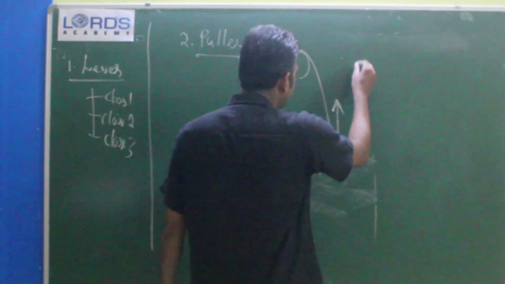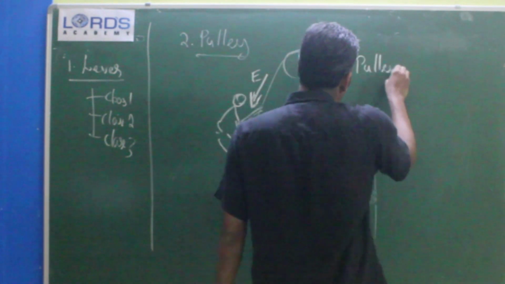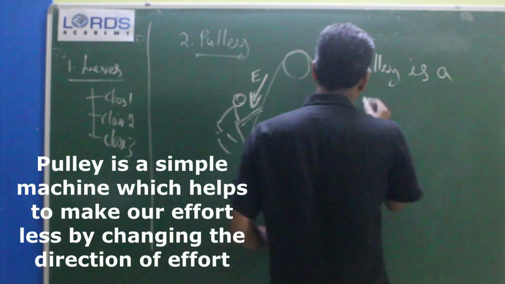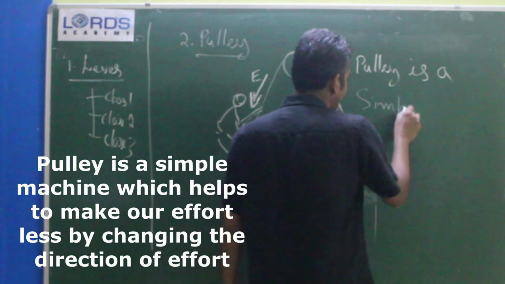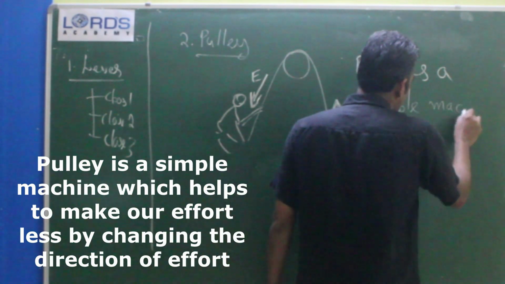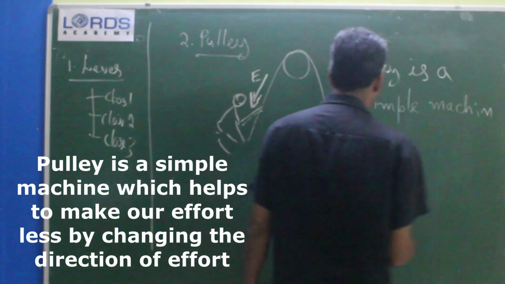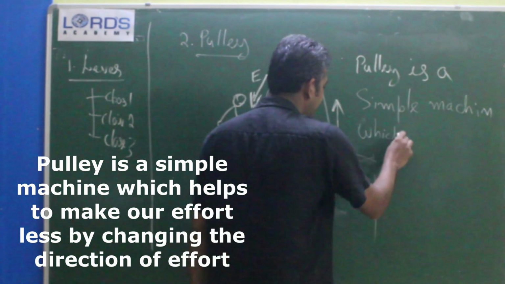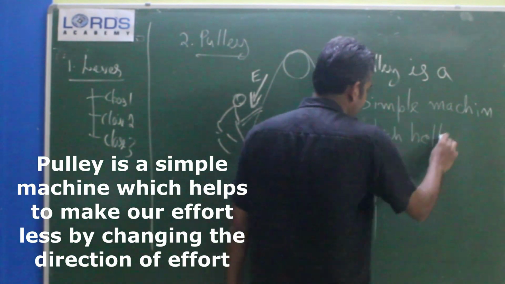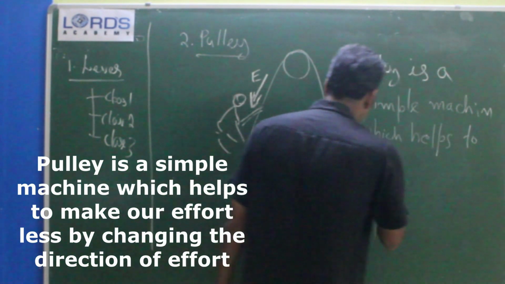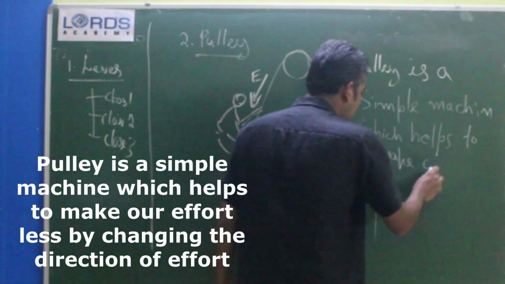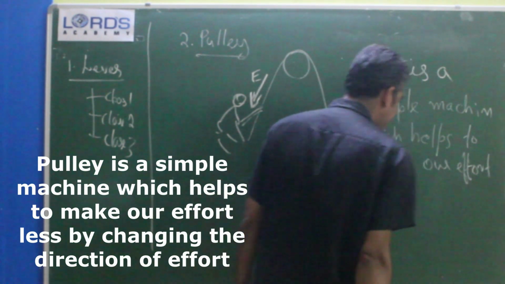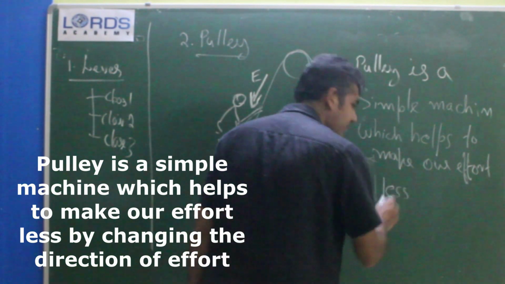So I am writing the definition. Pulley is a simple machine which helps to make our effort less. How?